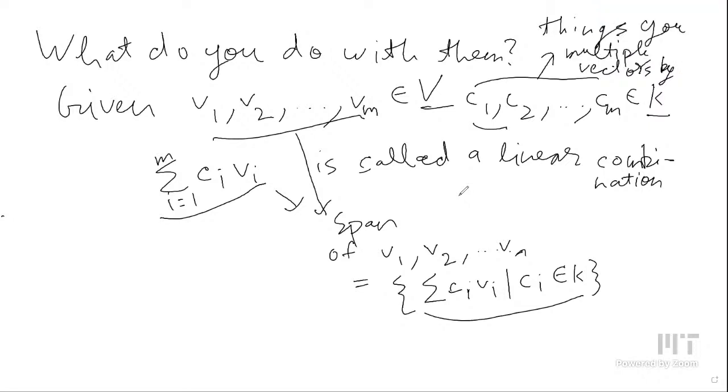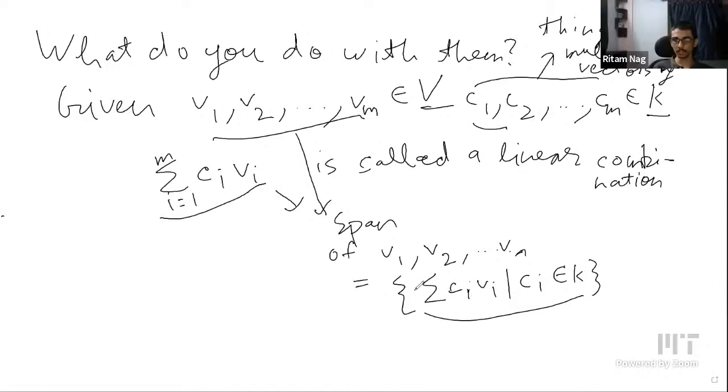Why is this set closed under multiplication? Because if you multiply sigma CiVi with a constant C, then C times sigma CiVi is simply sigma of C Ci times Vi, right?